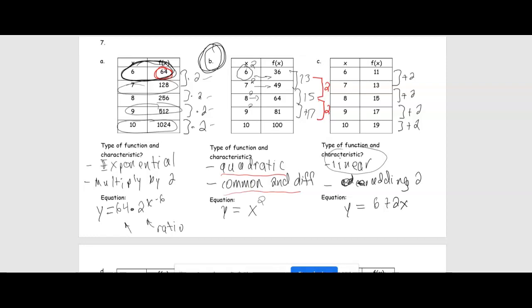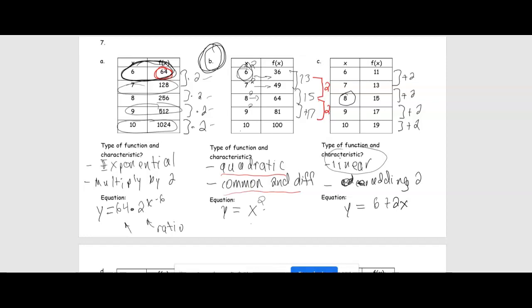All right. And again, with all of these, we could test all of them. So like we said, if I took 6 and plugged it in, 6 squared is 36. If I took 10 and I plugged it in, I'd square that. If we were to plug any of these numbers in, I promise if you plug in a 7, this would give you a 128. So let's do a quick little check of this equation. So let's test 8.